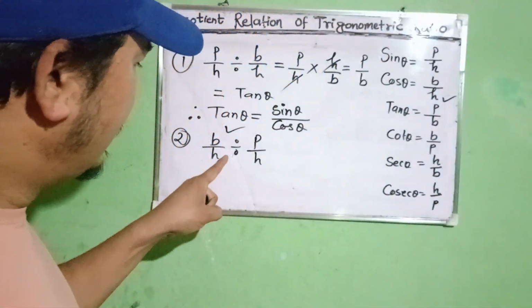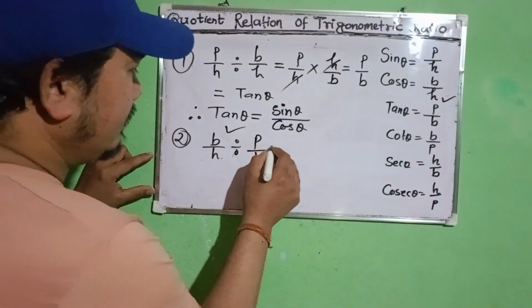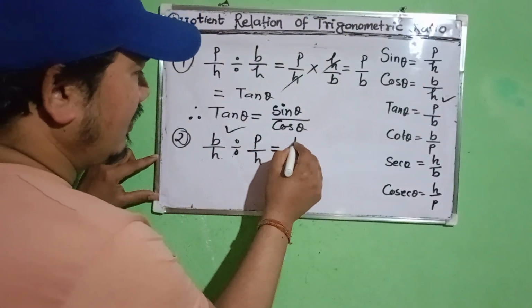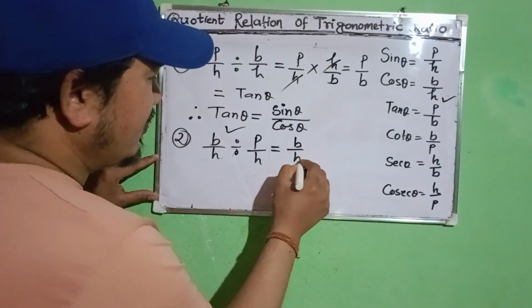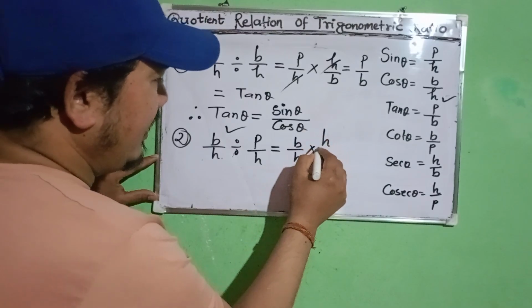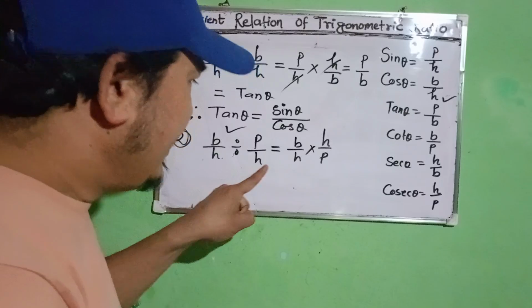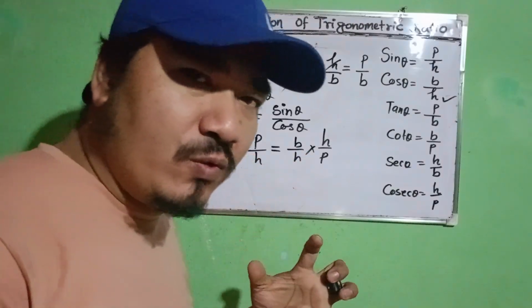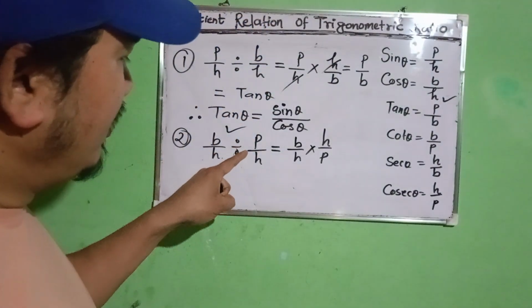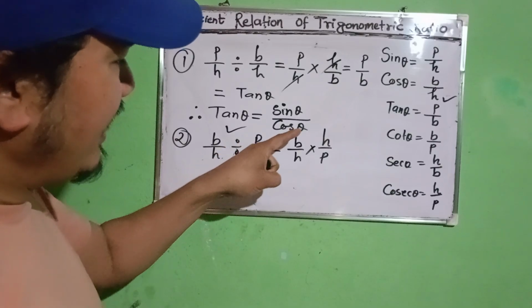So this will be b by h into h by p. When we change divide into multiply, we write the reciprocal of p by h, which is h by p.